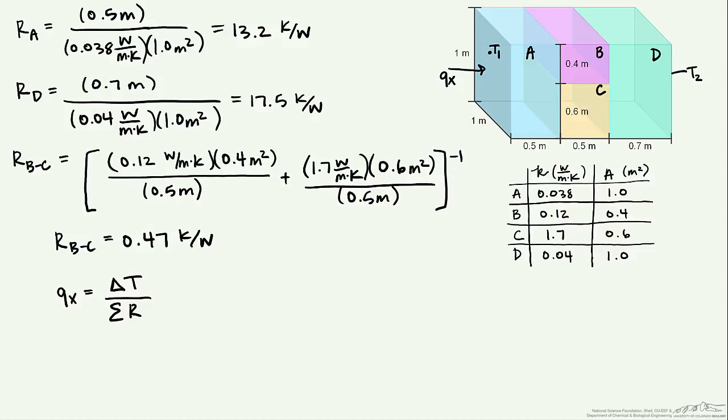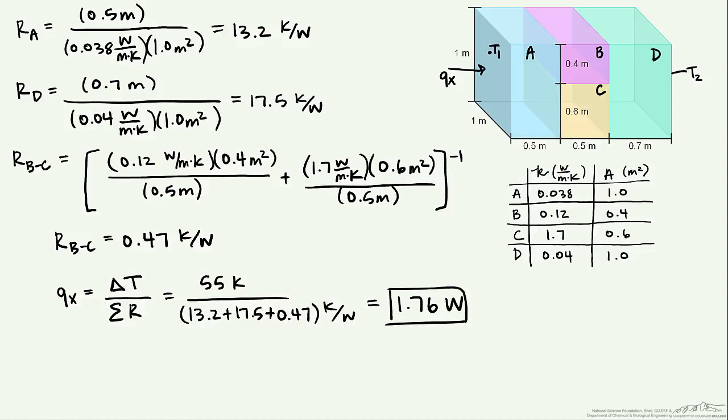So that's going to be 55 K divided by, now we just sum these all up, 13.2 plus 17.5 plus 0.47, and these are all in Kelvin per watt. And when we calculate this, we end up with a heat transfer rate of 1.76 watts.